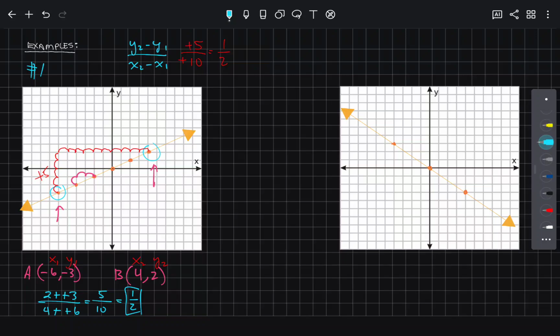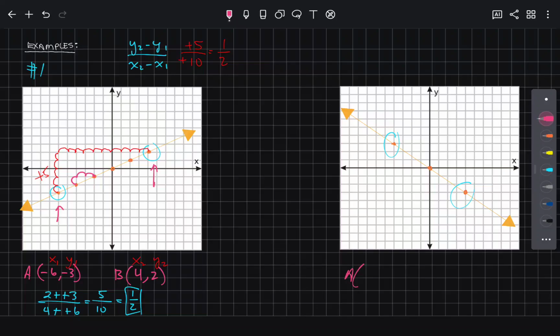You can see that this is a negative slope because as I look at this line from left to right, it's sloping downward, meaning that as the x values increase, the y values are decreasing. I'm still going to choose the 2 endpoints that are plotted. Let's write those down real quick.